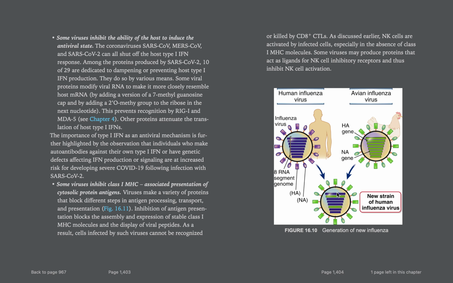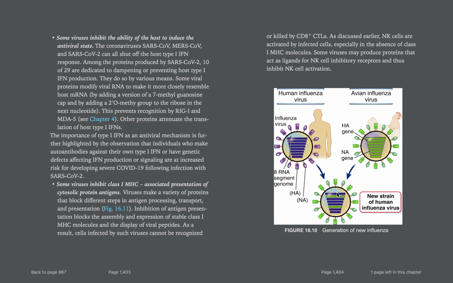Some viral proteins modify viral RNA to make it more closely resemble host messenger RNA by adding a version of the 7-methylguanosine cap and by adding the 2 prime methyl group to the ribose in the next nucleosides. This prevents recognition by RIG-I and MDA5.